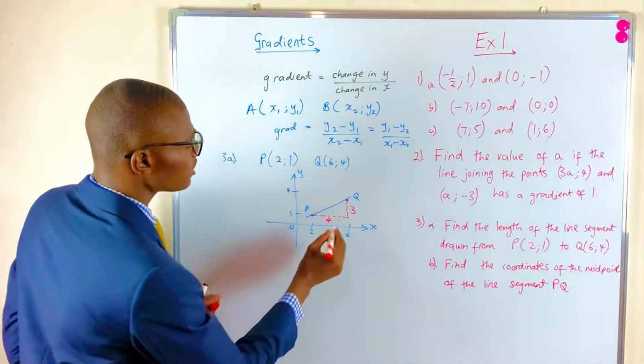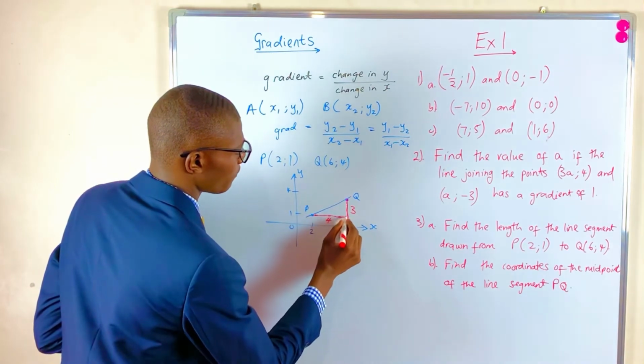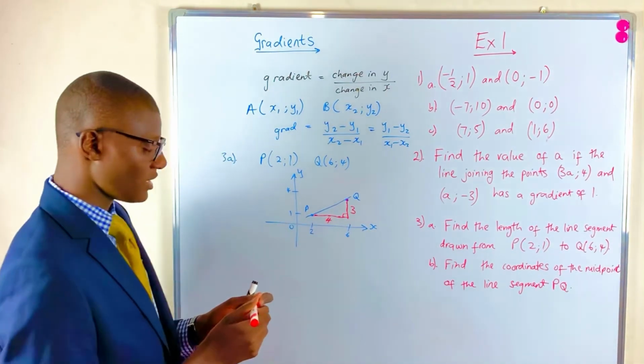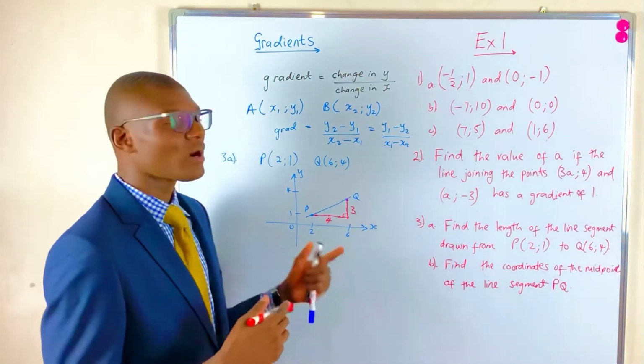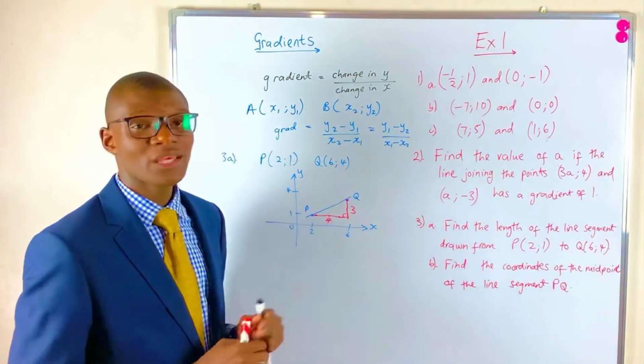So now, what do we know? Here we've just formulated a right angle triangle, you know that's 90 degrees. We've got a 3, we've got a 4, and we need to find the length of PQ.